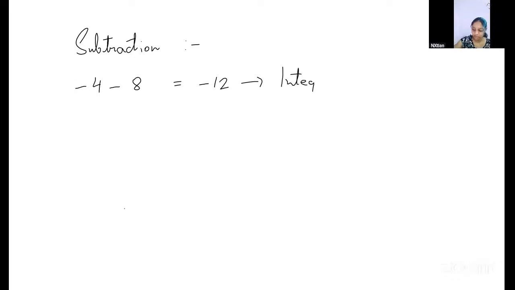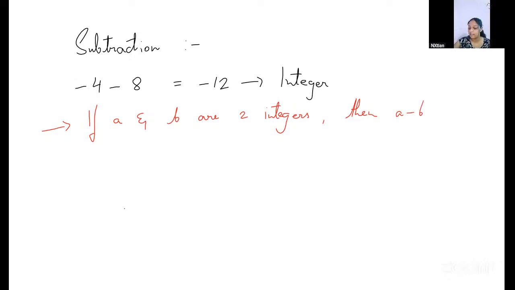Okay. So this gives us the property that if A and B are two integers, then when we subtract A minus B, the answer will also be an integer.